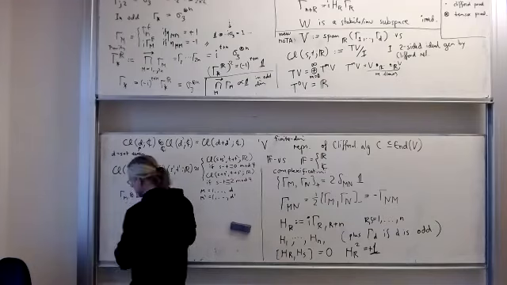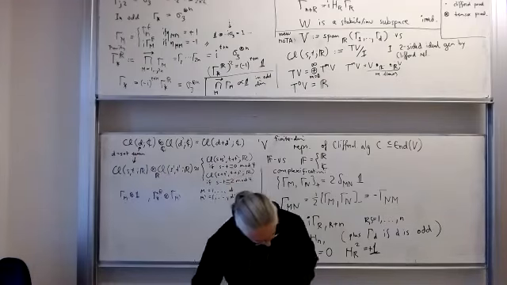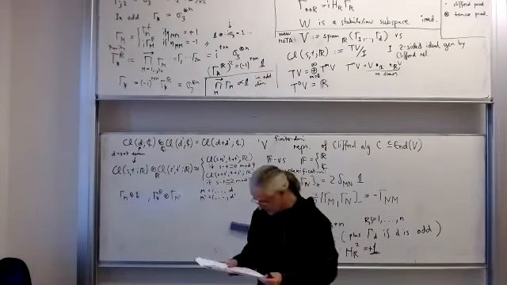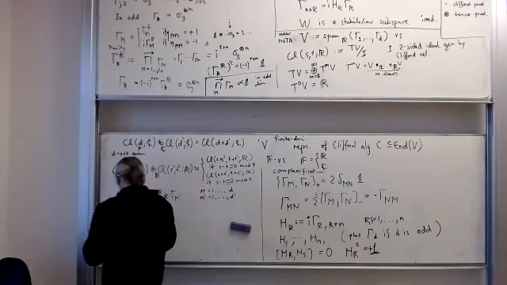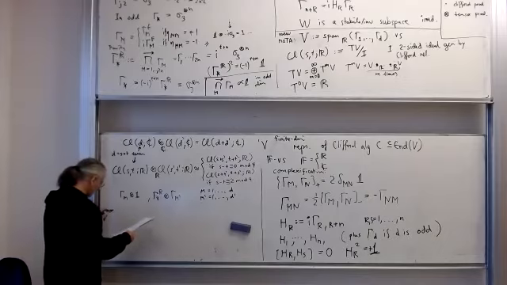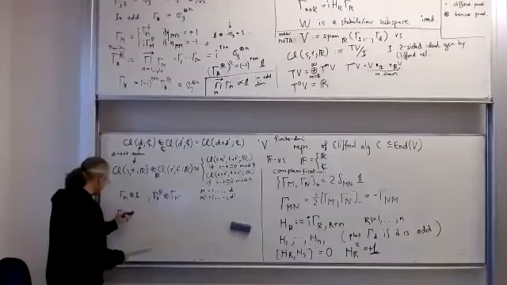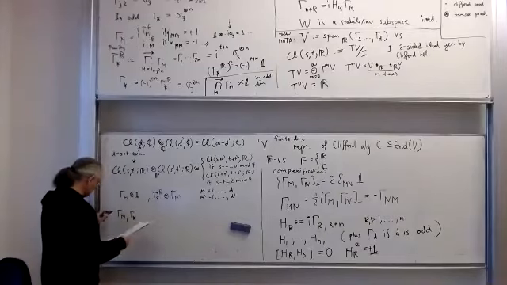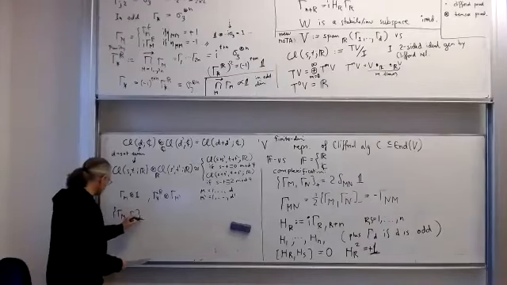So where do we have it here? First of all, we are going to use that gamma m and gamma star, they anti-commute.